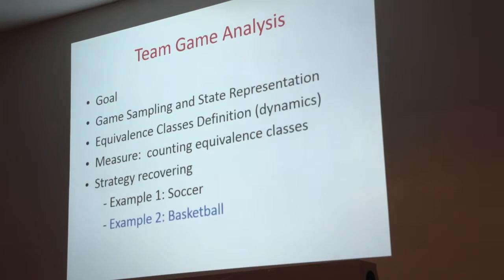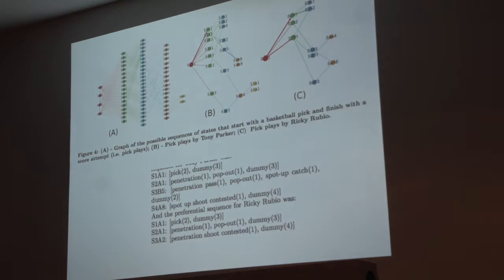Next, please. Now, basketball. This is work that Leonardo and I have done together. This picture means the following. Leonardo has studied a given movement that involved a pick and roll to the finalization.